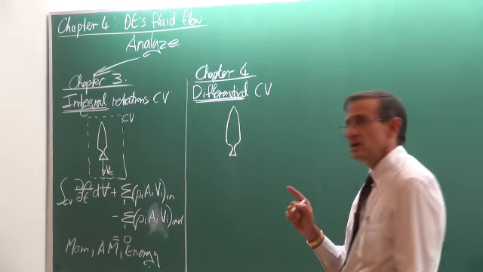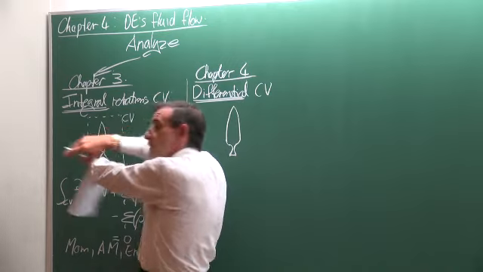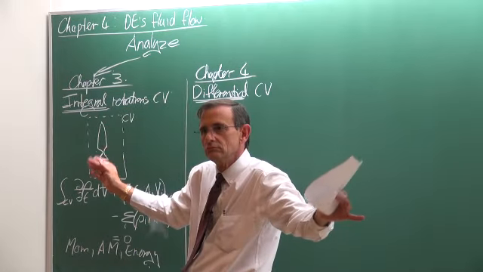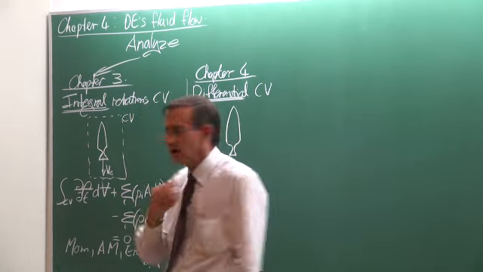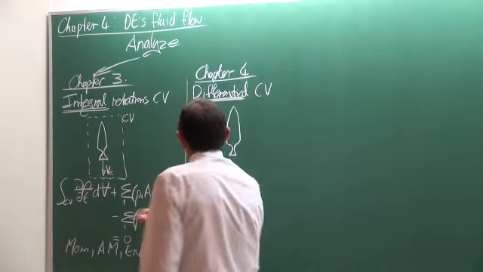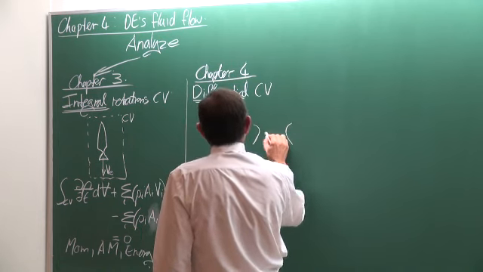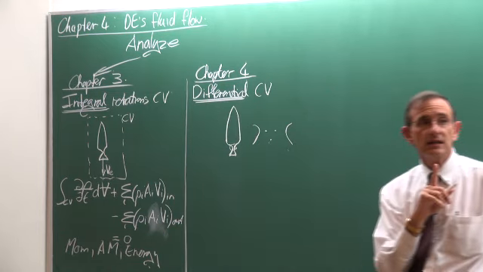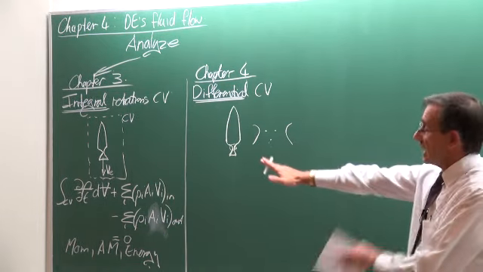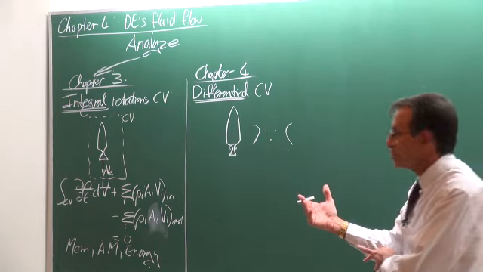What is different now is that in the integral approach, what you can solve is what happens over the boundary, over the control volume, not the detail inside. So if you're interested in the nozzle, there's the nozzle, typically maybe like that, and you want to know the velocity at different places in the nozzle, then you cannot solve it with the integral approach. You have to do the differential approach.